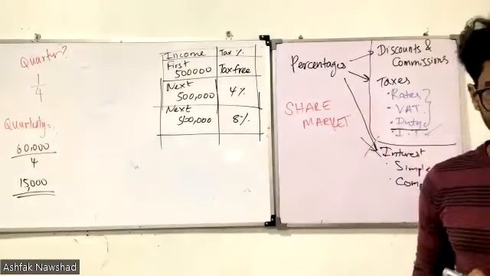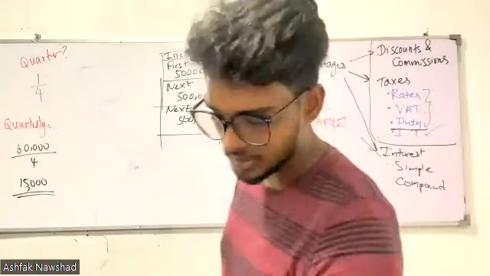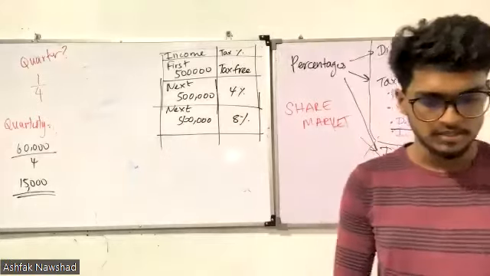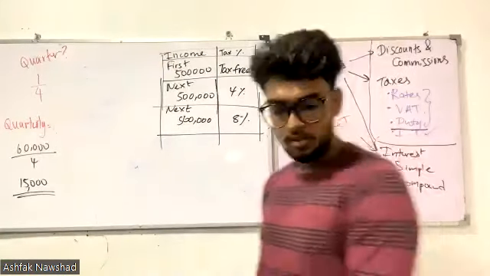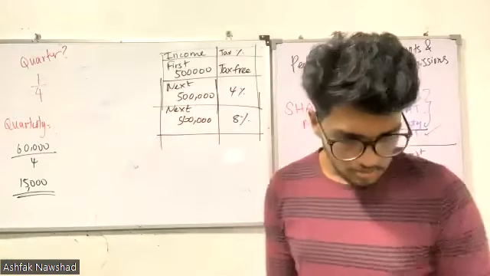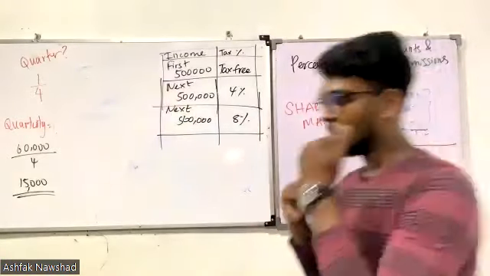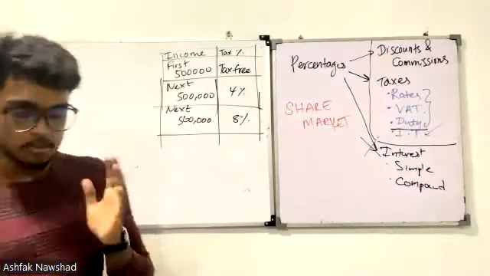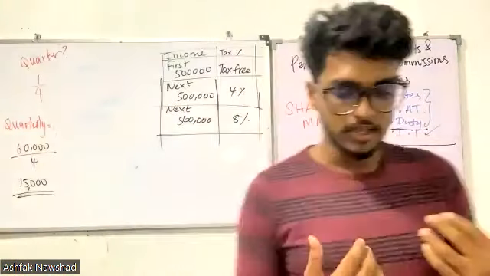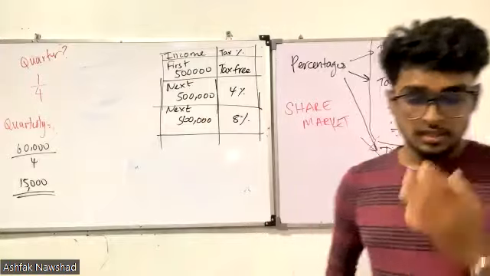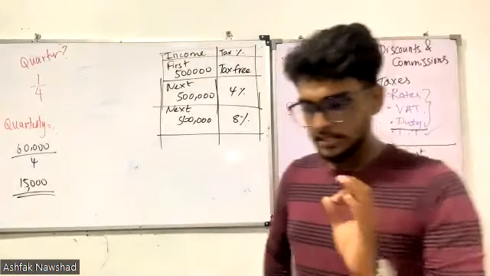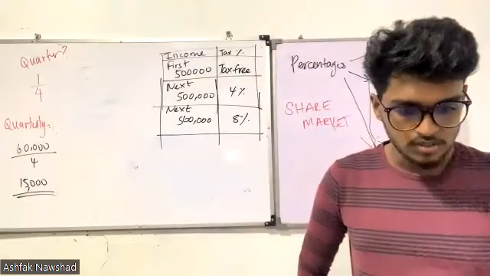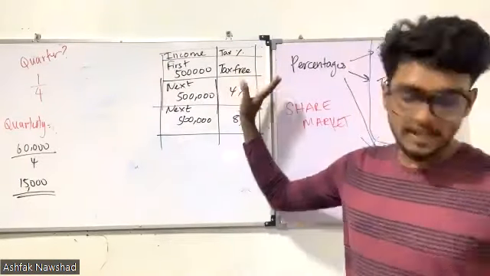I'll explain this. For example, you own a business or you are an employee of a business. Somehow you generate an income, like you earn money, right? So for the first 500,000 you earn, suppose that you earn 400,000, you don't have to pay tax.